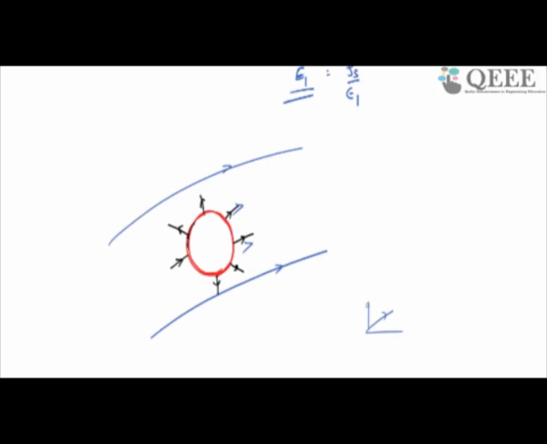So how is my electric field, which was like this? Let's say this was the electric field. What happens is that when it reaches near the metal, it actually turns, like this.